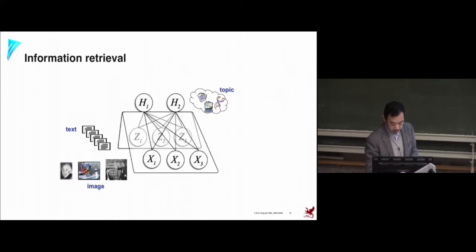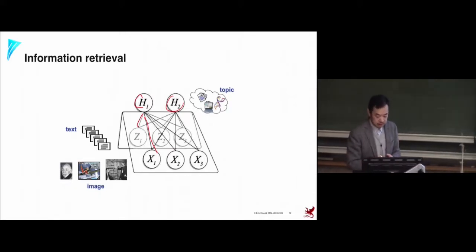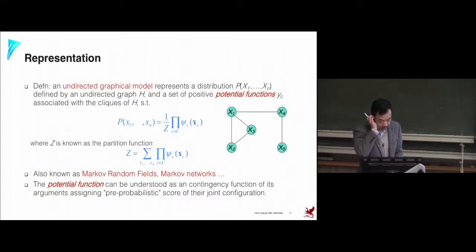For example, here, this model was invented to model the correlations or alignments between images and texts, and how they are aligned. Well, there are some hidden topics which gave rise to, or which correspond to certain words or certain image configurations in the data, and that leads you to another type of graphical model. We will actually revisit this model very shortly after some technical presentation.